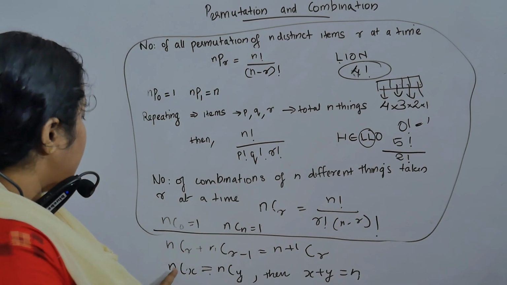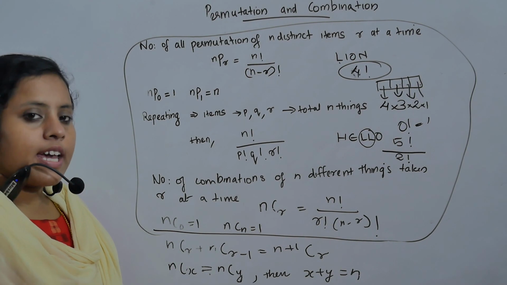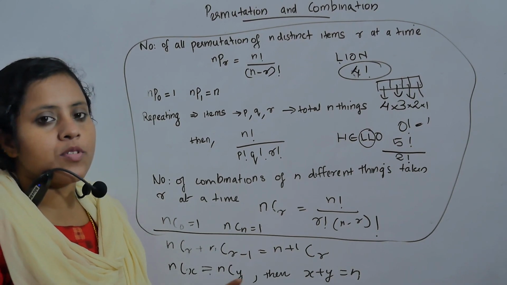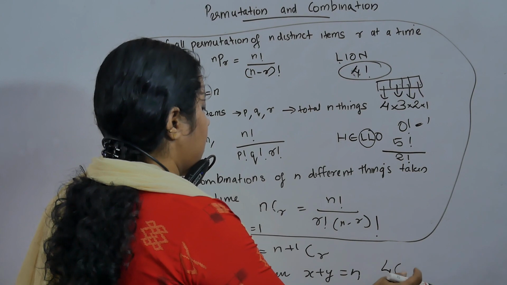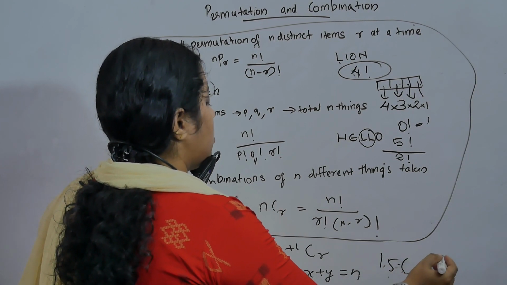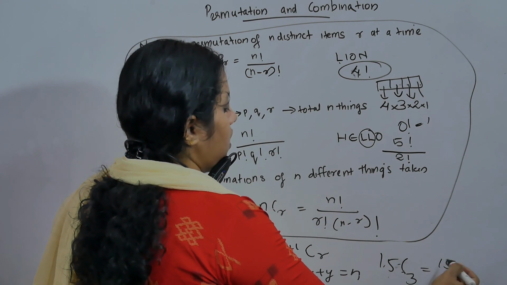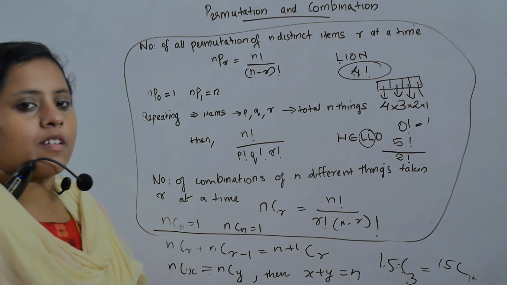Then if nCx is equal to nCy, suppose they are giving 15C3 is equal to 15C12, I am giving an example.